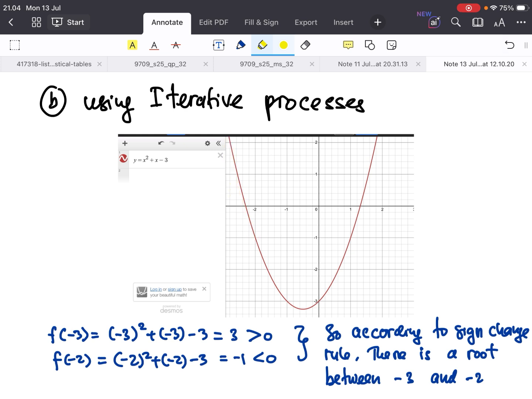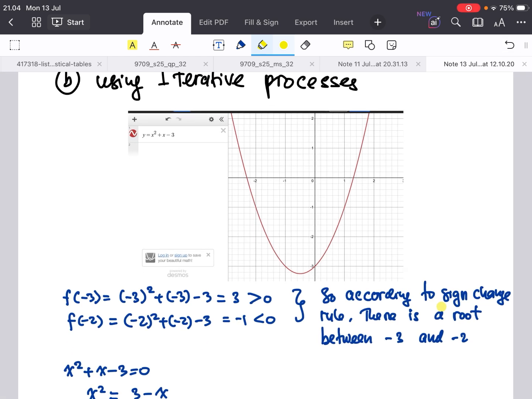So we are sure that this graph will cut the x-axis between x equals negative 3 and negative 2. And therefore, there is one solution, or one root, between x equals negative 3 and negative 2. This is called the sign change rule.